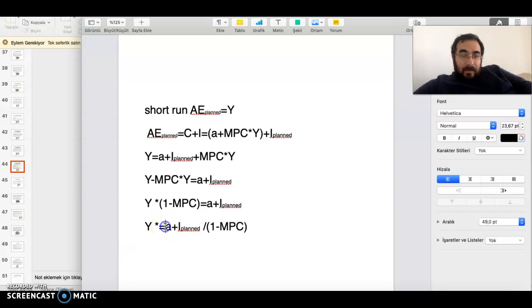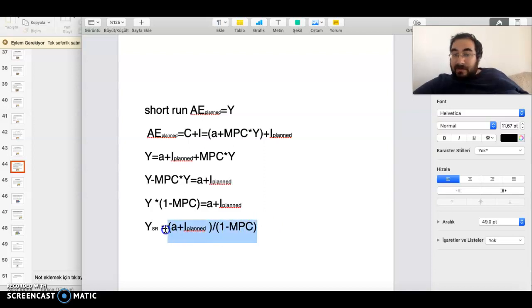And here now I need to have a parenthesis, of course. Okay. So my Y, the short run equilibrium output level, will be equal to autonomous spending plus I planned divided by 1 minus MPC.